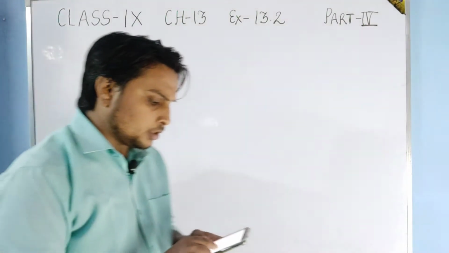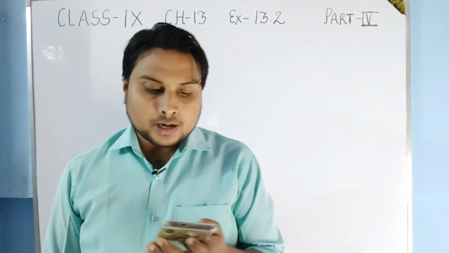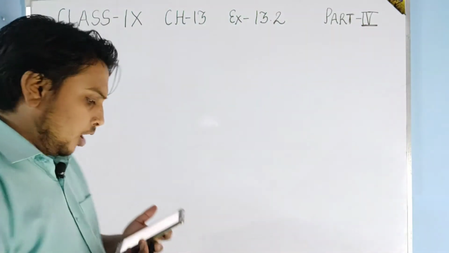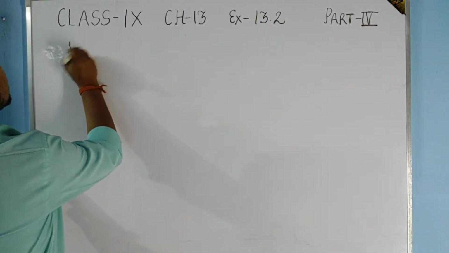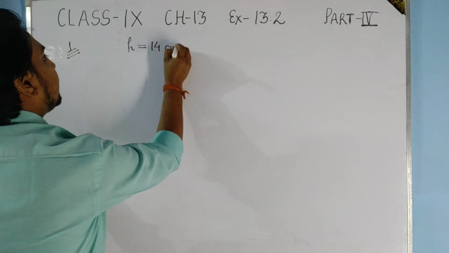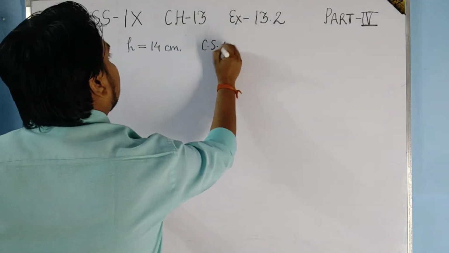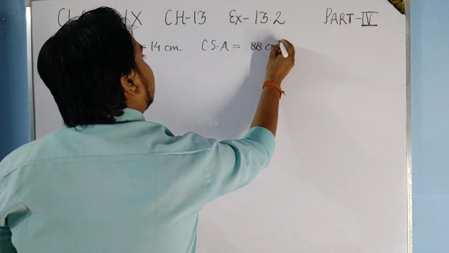The first question of exercise 13.2 is: the curved surface area of a right circular cylinder of height 14 centimeter is 88 centimeter square.